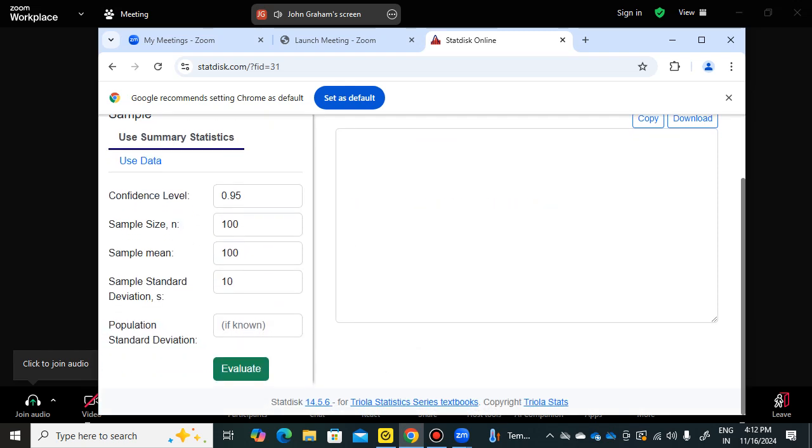We don't have the data, so we'll just use the summary statistics. Confidence level is 0.95, sample size is 49, sample mean is 0.4, standard deviation is 21. Don't have the population standard deviation. We evaluate. We get a margin of error of 6.03 and a confidence interval of negative 5.63 less than the mean, less than 6.43.